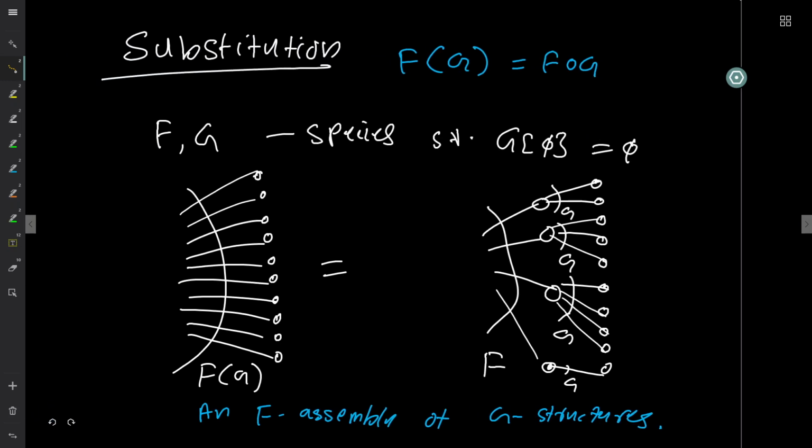So that's why we insist that whenever we look at the species G, we consider only the species where the empty set is not allowed to be part of.